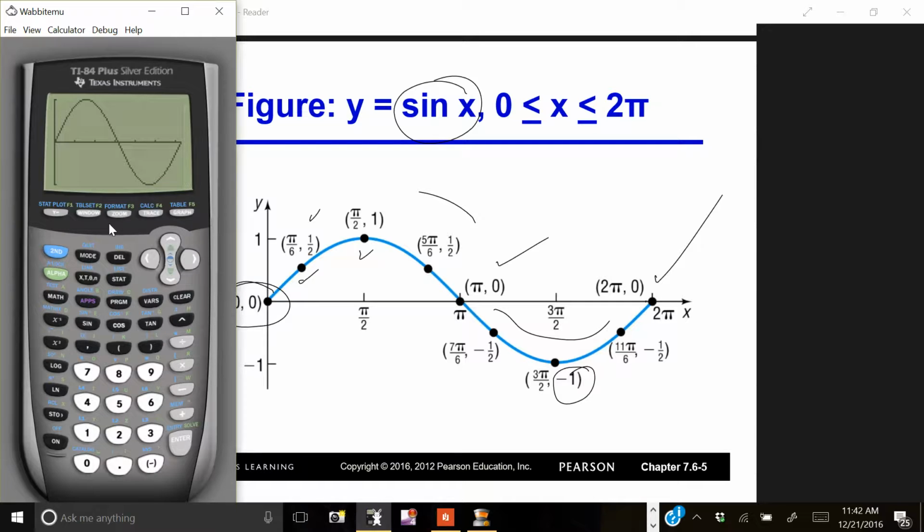Now let's change the window so that we can see more than 1 period.